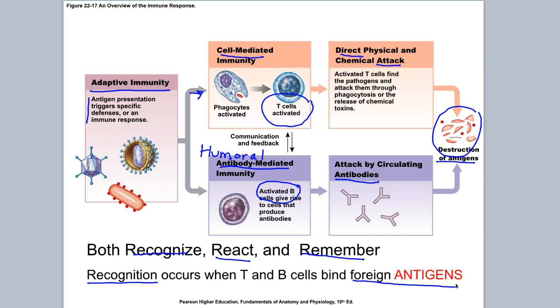We want to focus on foreign things because we're talking about foreign pathogens here. These antigens are small molecular pieces. It could be a little carbohydrate from a bacterial cell, or a little protein from a viral particle that we're recognizing. That's some little molecular piece of this foreign entity.